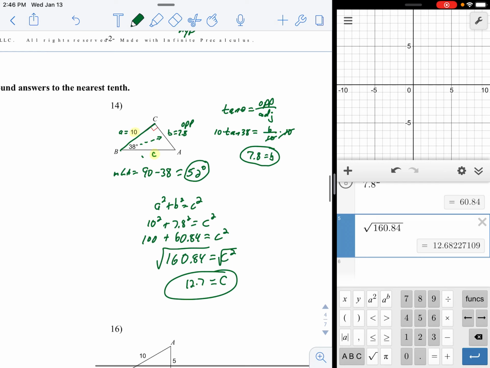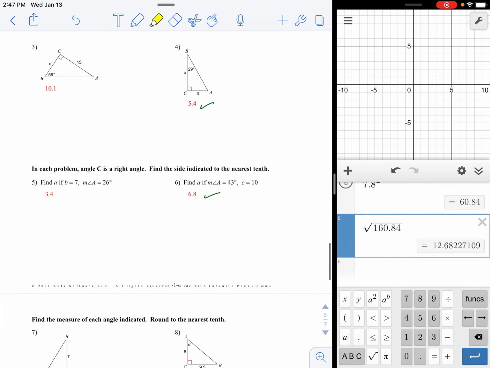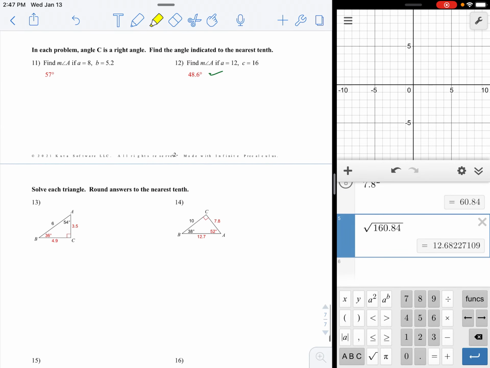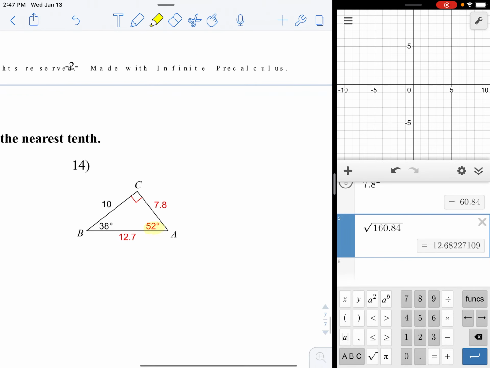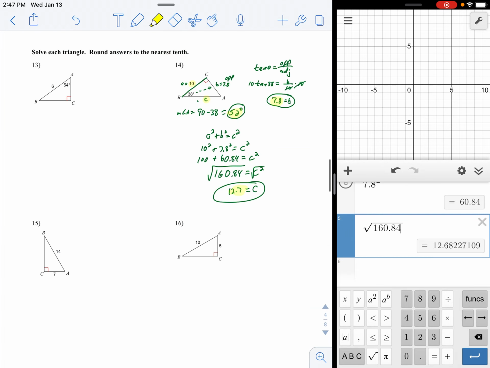So there, we found every missing measurement from the triangle: a 52-degree angle, an opposite, which is 7.8, and a hypotenuse, which is 12.7. Let's check the answers and see. 52, 7.8, 12.7. There we go. The triangle is solved.